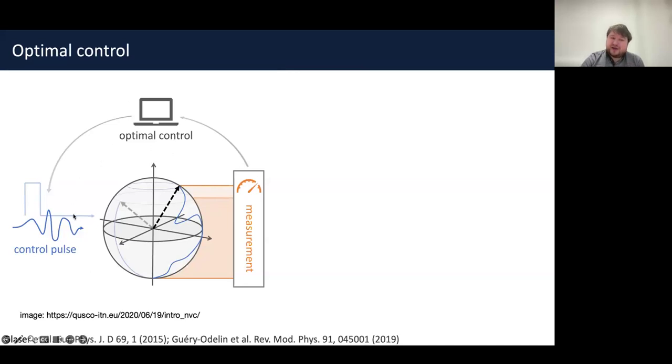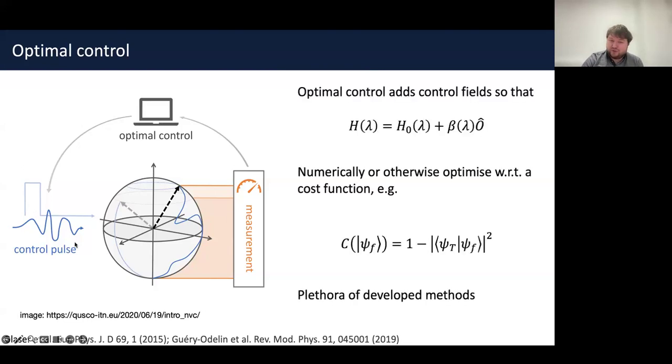First, I just need to quickly outline optimal control, in case people are not familiar. I have some control pulse which is doing something to my physical system, and I'm doing some measurement. This could all be me simulating it or doing it in an experiment, which feeds into some optimal control protocol, which informs the pulse, and so on and so forth. I can construct cost functions; something I would quite regularly do in a numerical experiment is use the fidelity of the state, how close to the target state I am.